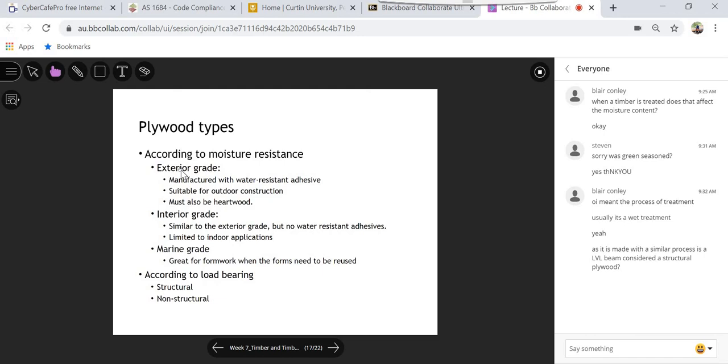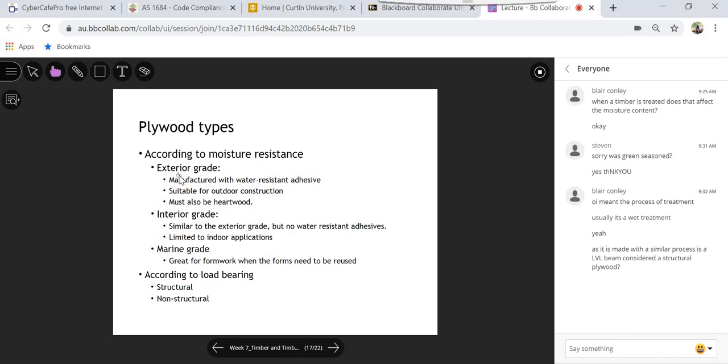Blair has a very good question, as it is made with a similar process. Is an LVL beam considered a structural plywood? No, an LVL beam is a different process, because an LVL beam has a section. So we engineer the LVL beam not only with the layers.